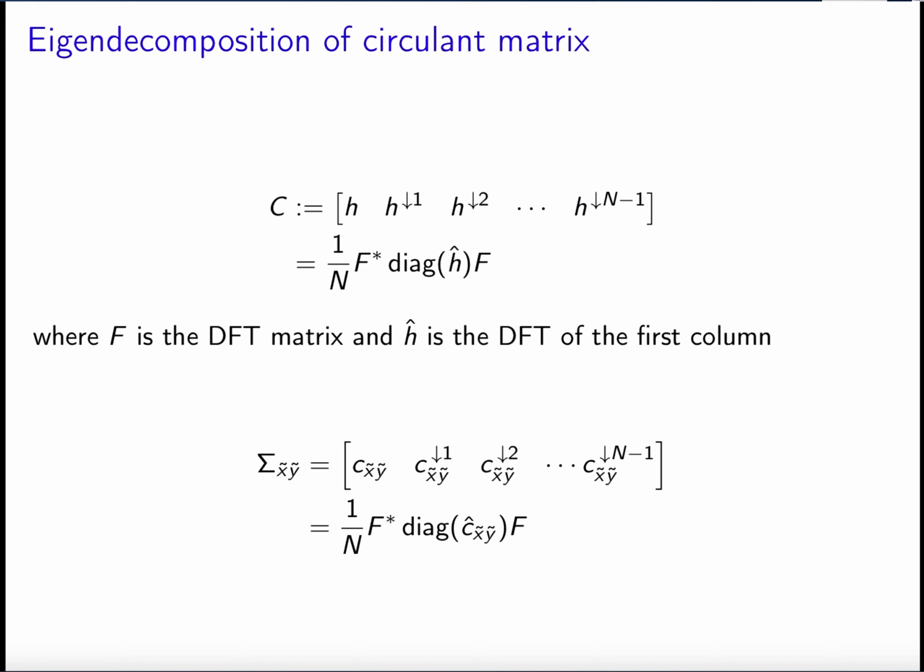So this means that for the cross covariance matrix, the eigendecomposition gives these sinusoidal eigenvectors, and the eigenvalues are just the DFT coefficients of the cross covariance.